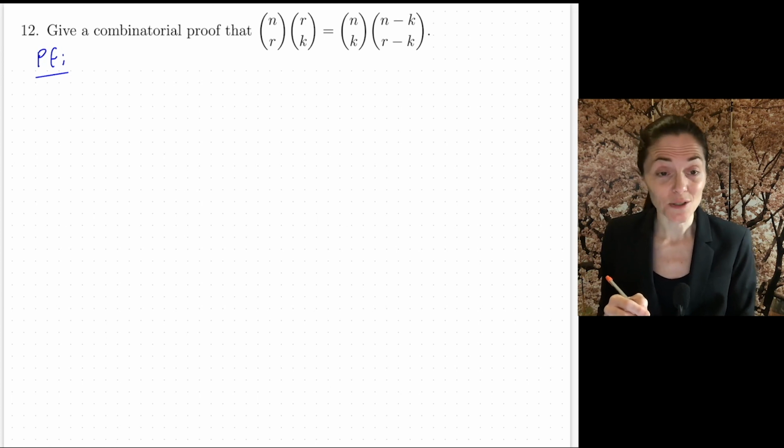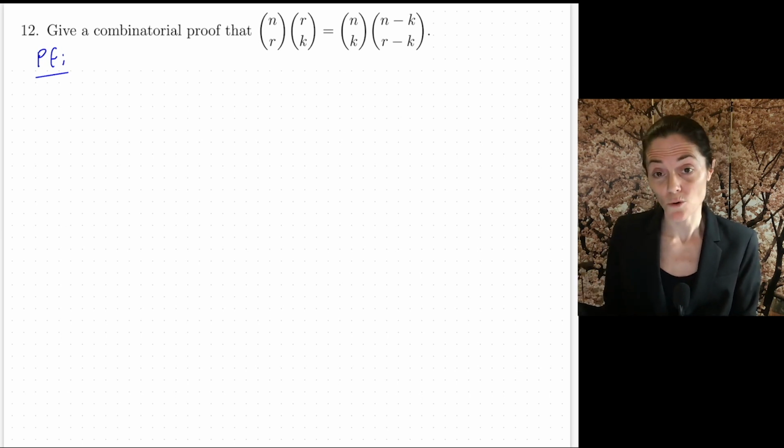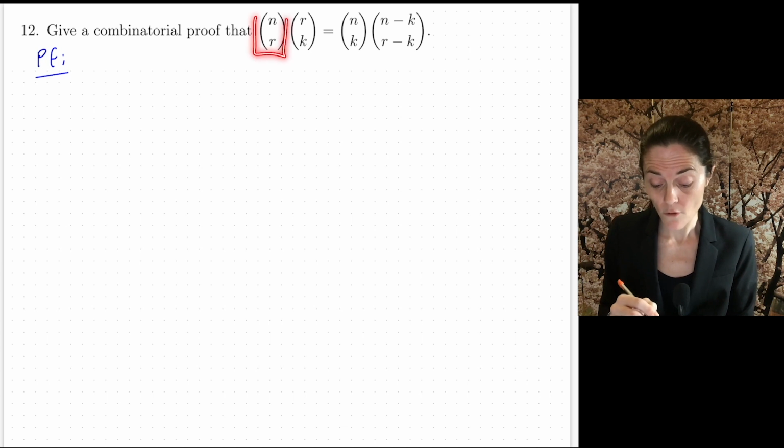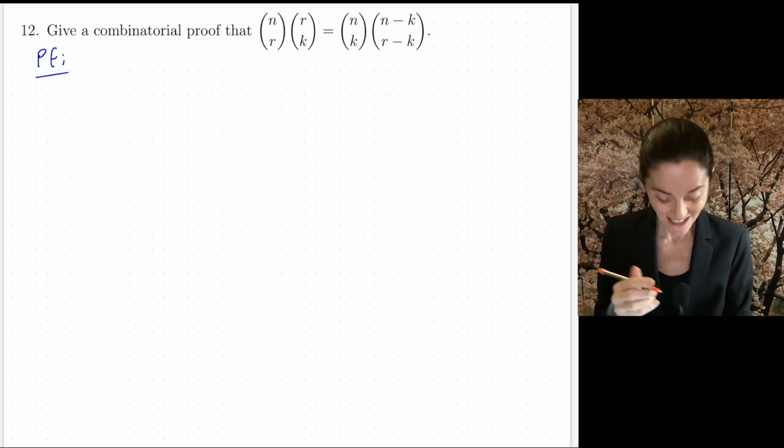I think what I will do is create a story about a group of students. But there is no order in my story, right? Because we know, for example, n choose r is the number of r element subsets of a set of size n, or equivalently, the number of ways to choose r elements from n. There is no order here.